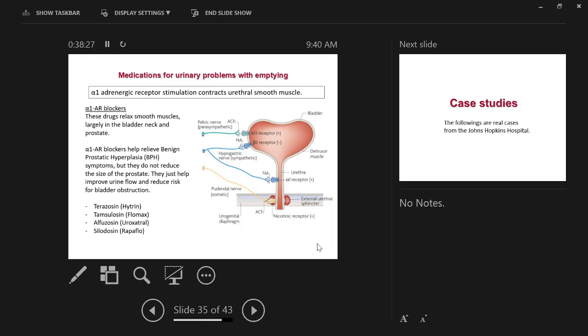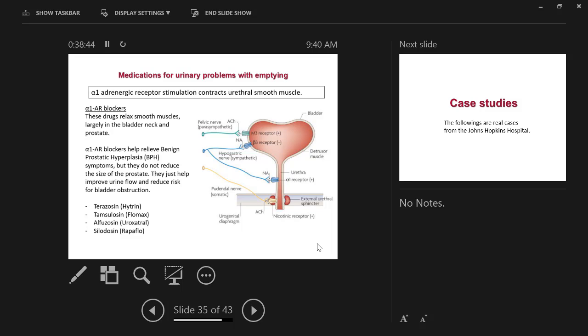Alpha-1 adrenergic receptor blockers help relieve benign prostatic hyperplasia symptoms, but remember they do not reduce the size of the prostate. They just help improve urine flow and reduce the risk of bladder obstruction.